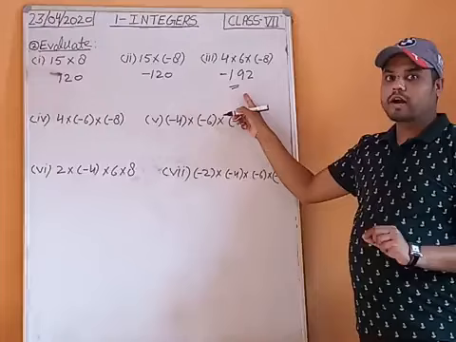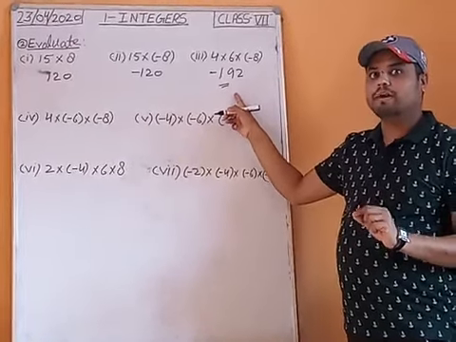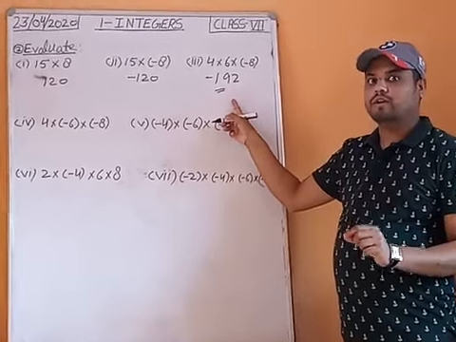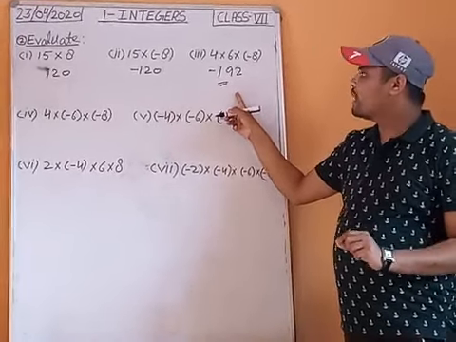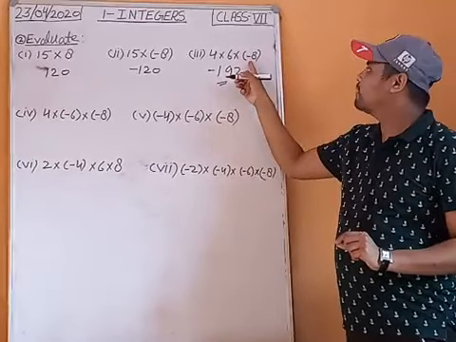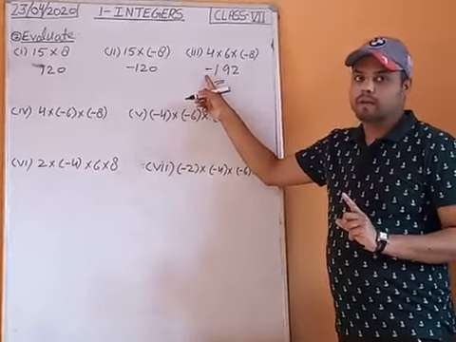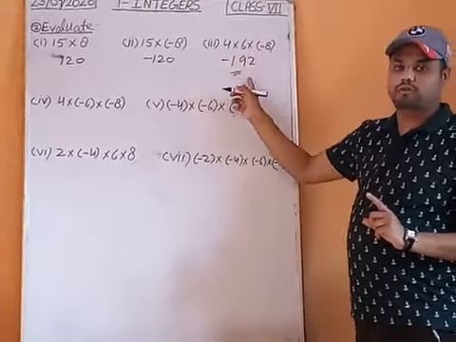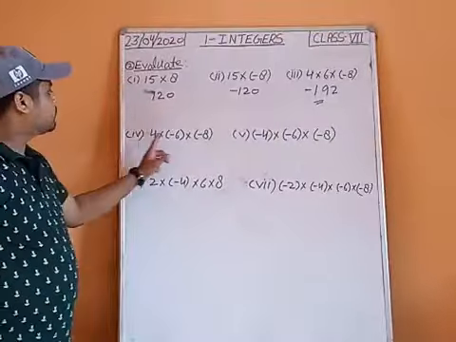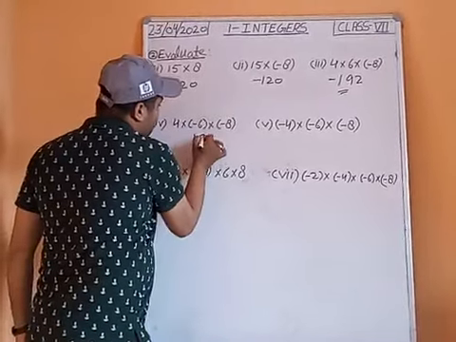If we are multiplying integers and the minus sign is there an odd number of times, like 1, 3, 5, 7, 11, then in the final answer the minus sign will come. Here, how many times is the minus sign? One time. That is odd. That's why the minus sign comes. Next, 4 6s are 24, 24 8s are 192.